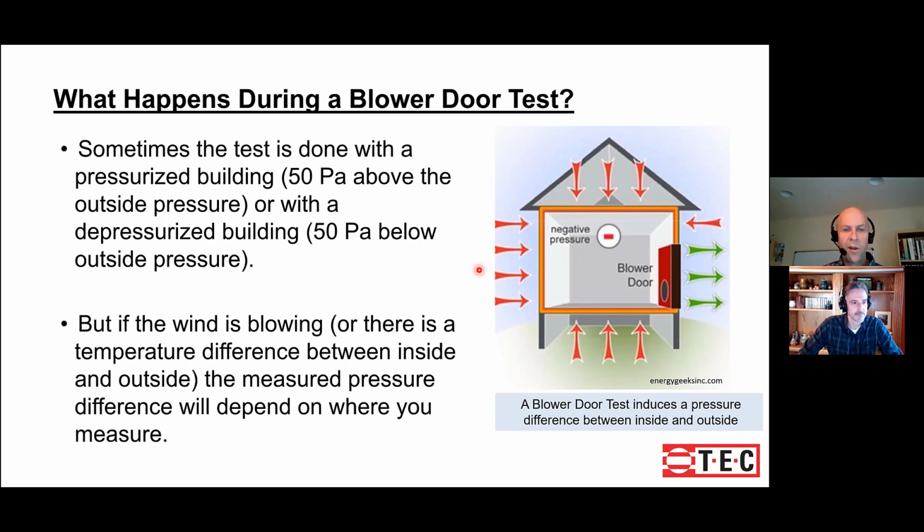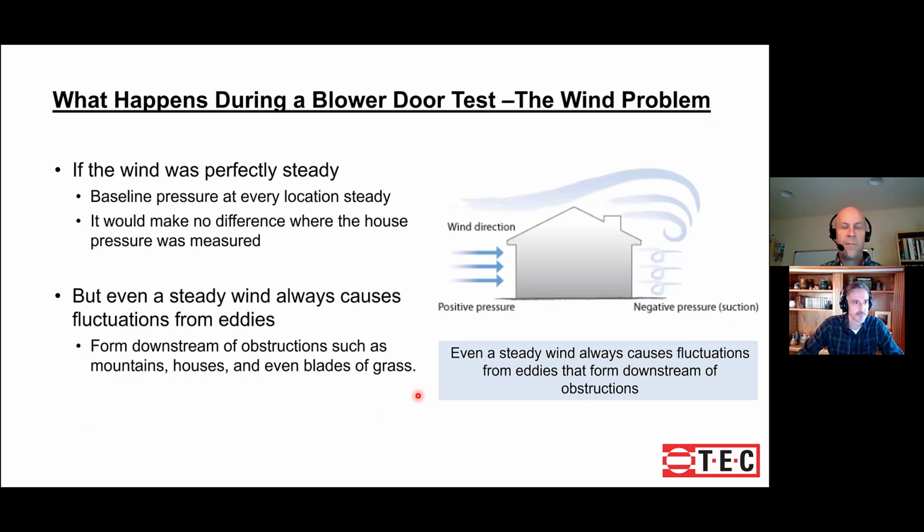If the wind is blowing or if there are temperature differences between inside and outside, then the place where you measure the pressure will affect the reading. So the big problem with wind is when it's not a steady wind.